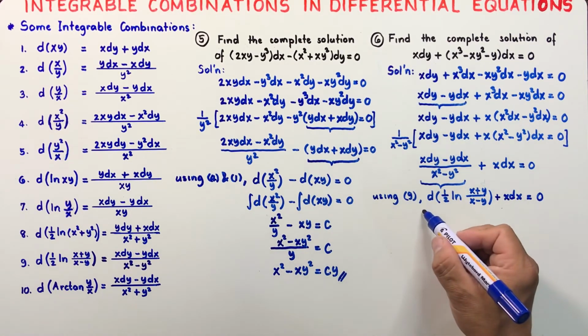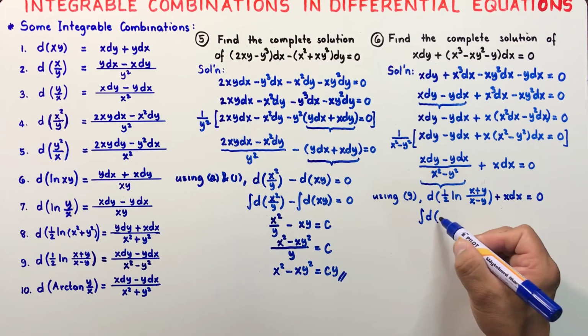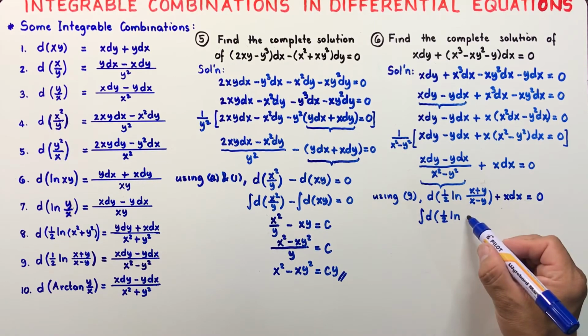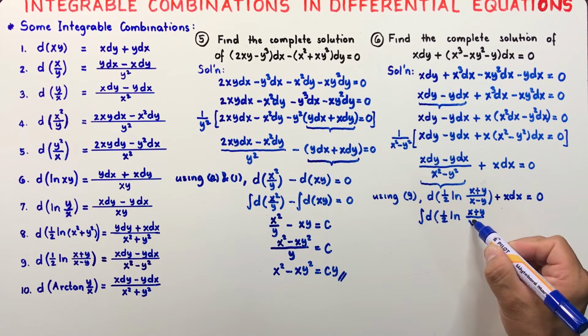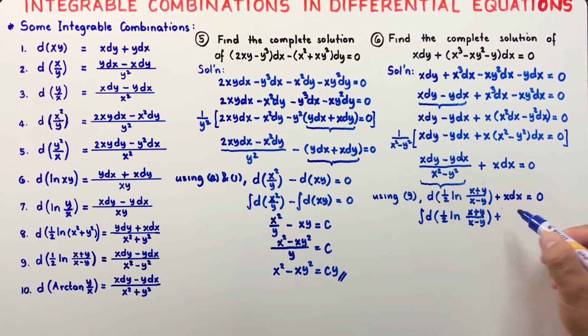Now, taking the integral of each term in this equation, that is the integral of the differential of 1/2 times the natural log of this quotient x plus y divided by x minus y, plus the integral of x dx, which is equal to 0.